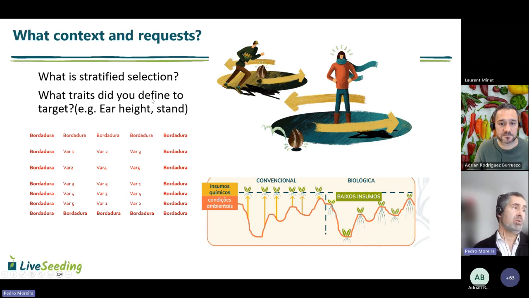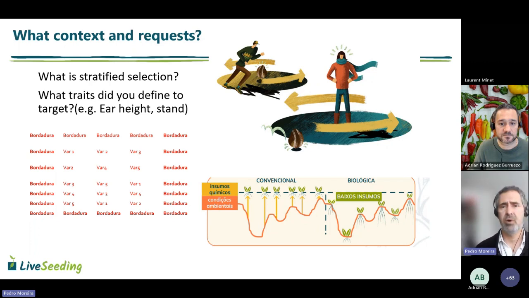After you select this information about the ear trait, also if you select for stand, it's very important in all the selection that you define what are really your goals, and you should fix your goals, because you cannot change from one year to the other.